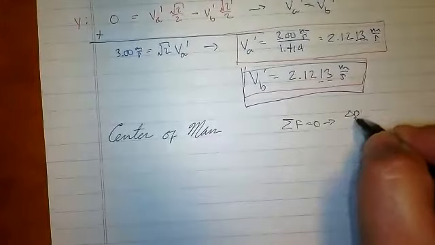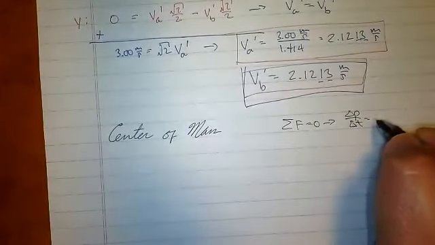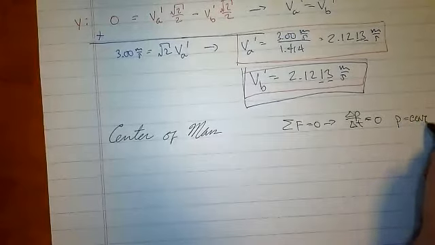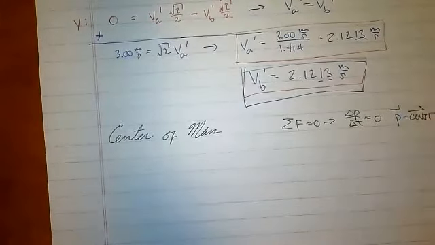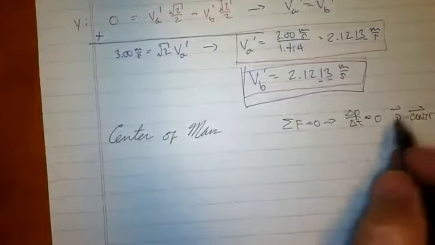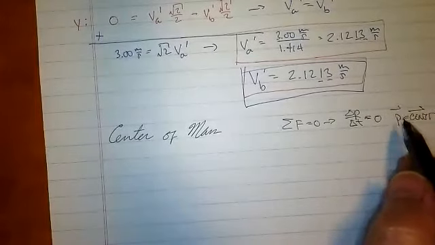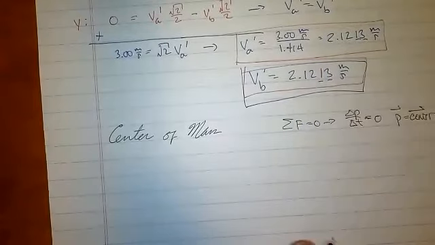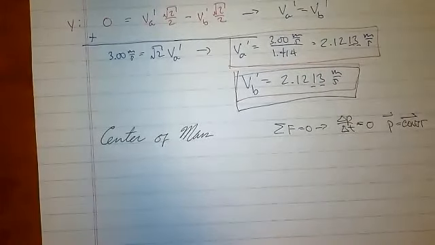That means delta P over delta T is equal to 0. So P equals a constant. Okay, then that means the momentum of the center of mass of the system is going to just constantly move at a set velocity. In other words, with a set magnitude and direction.